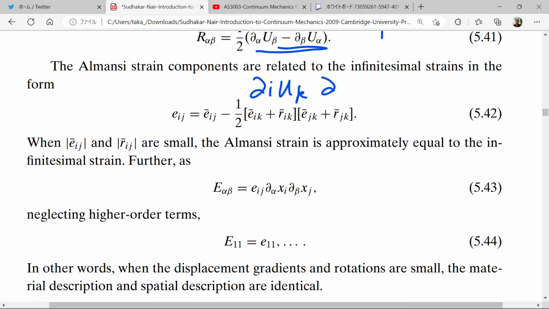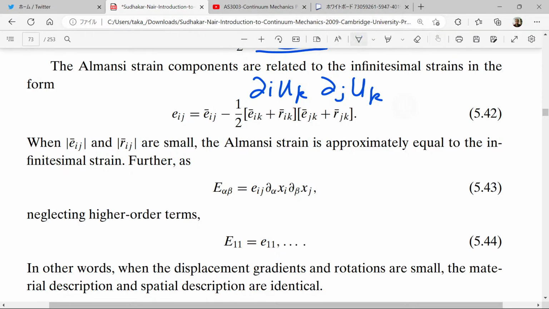This is partial j u_k. Then we can see the original definition maybe.